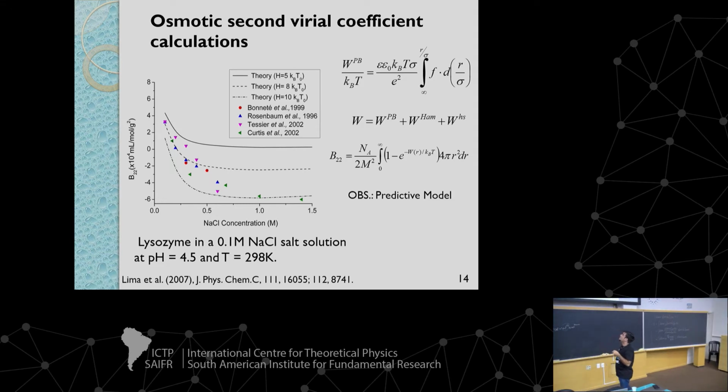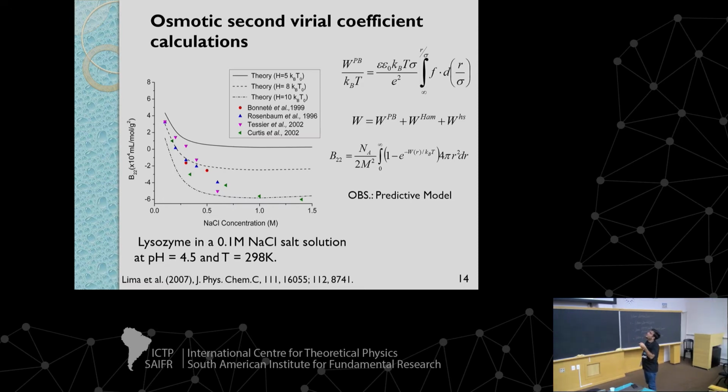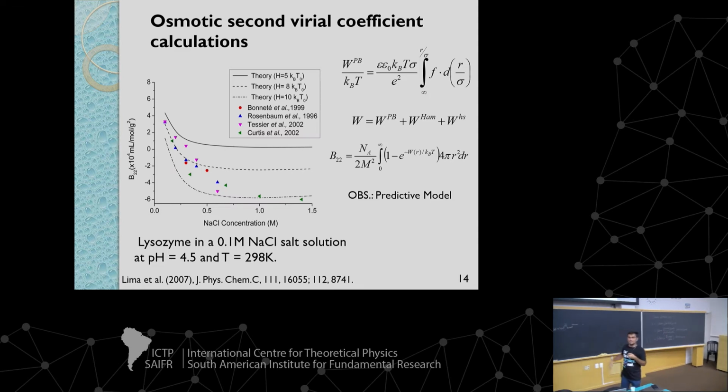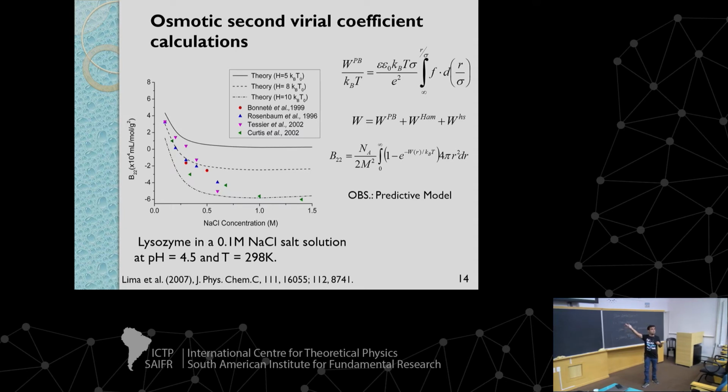You may say, oh, but if we consider here a Hamaker constant of 10 kT, this one, we get good results. But this is a compensation of errors. We cannot say that it's a good result. It's not because it agrees with the experiment that it's correct. So in this case, we believe it's a compensation of errors. Even here, such a simplified theory was not supposed to work so well.